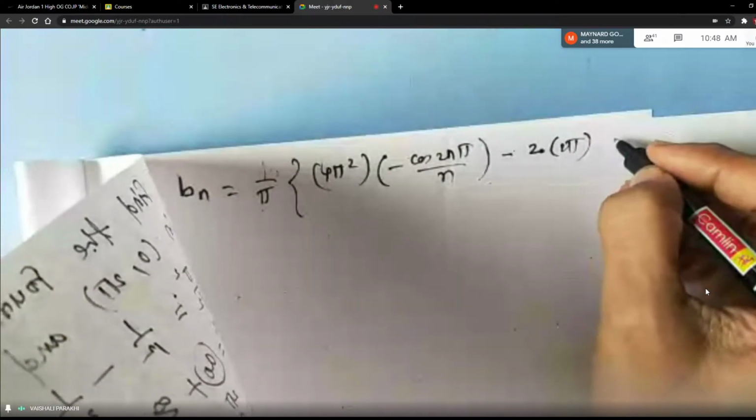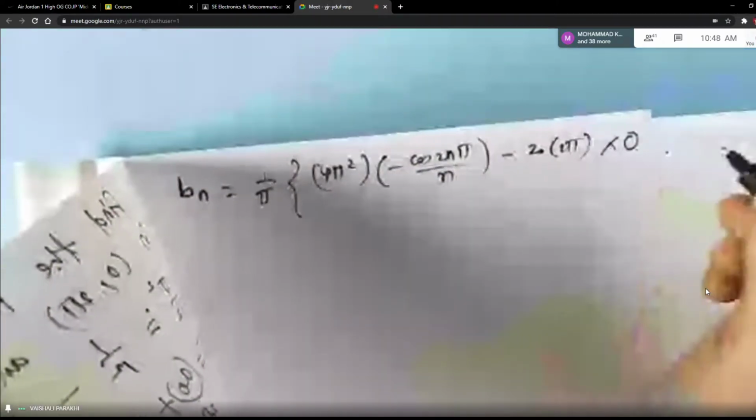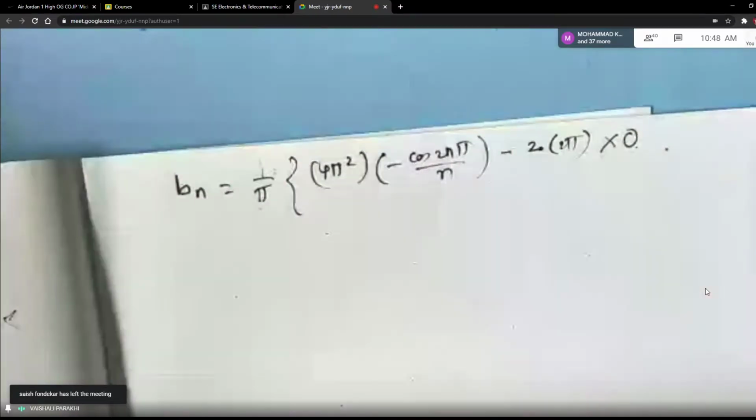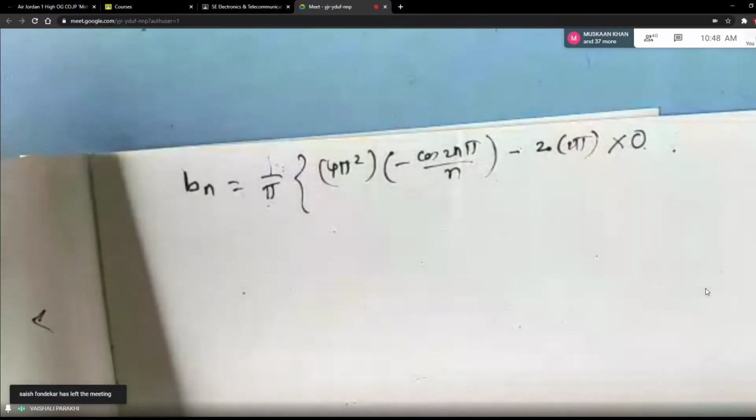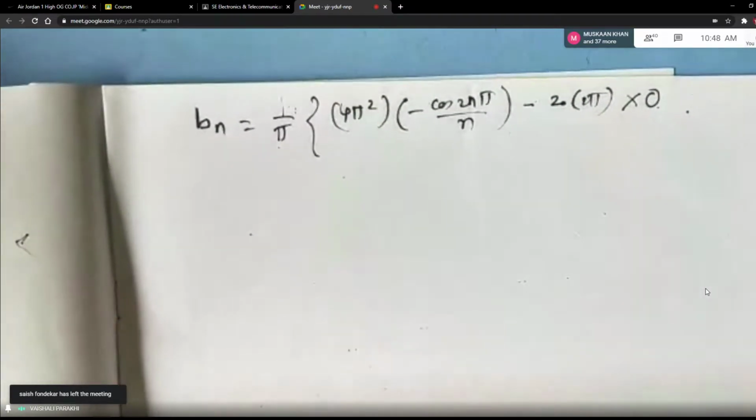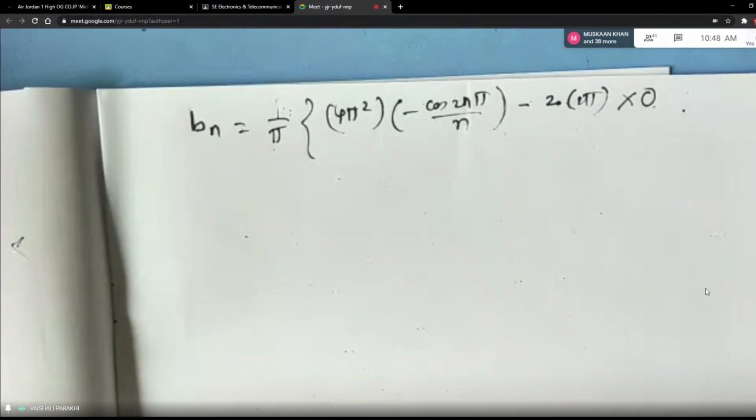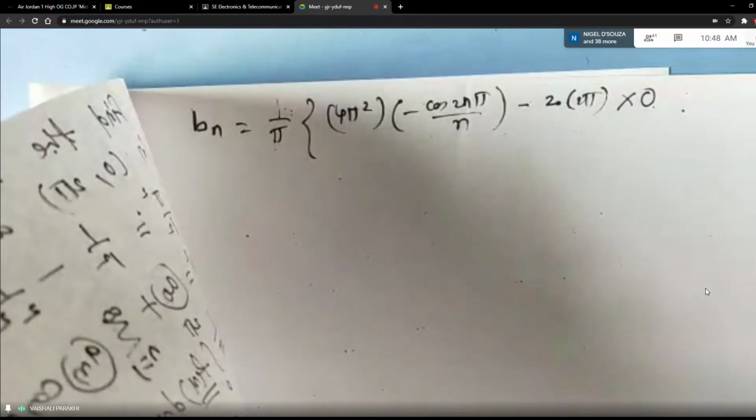Now what will happen here, students? Sine of 2n pi will be 0, isn't it? So as I told you, sine terms will get cancelled whenever the upper and lower limits are integers. So sine of 2n pi, sine of 0, everything is 0. So the middle term will vanish.